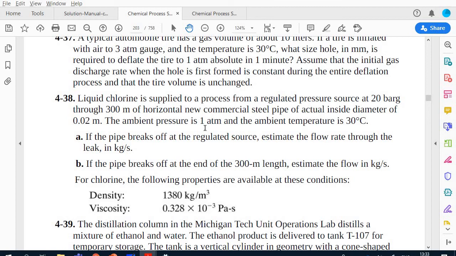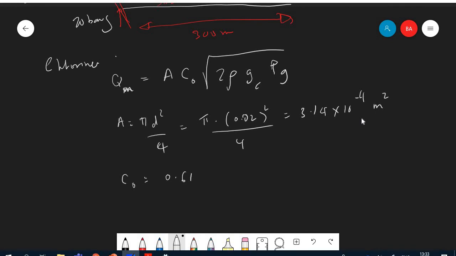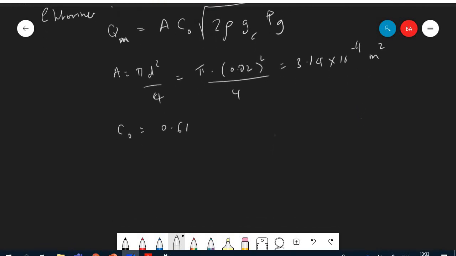The ambient pressure is 1 atmosphere, the ambient temperature is 30 degrees centigrade, and of course I have the Pg here, which is 20 bars gauge. So Pg is equal to 20 bars. I already have this, so I'm going to substitute.